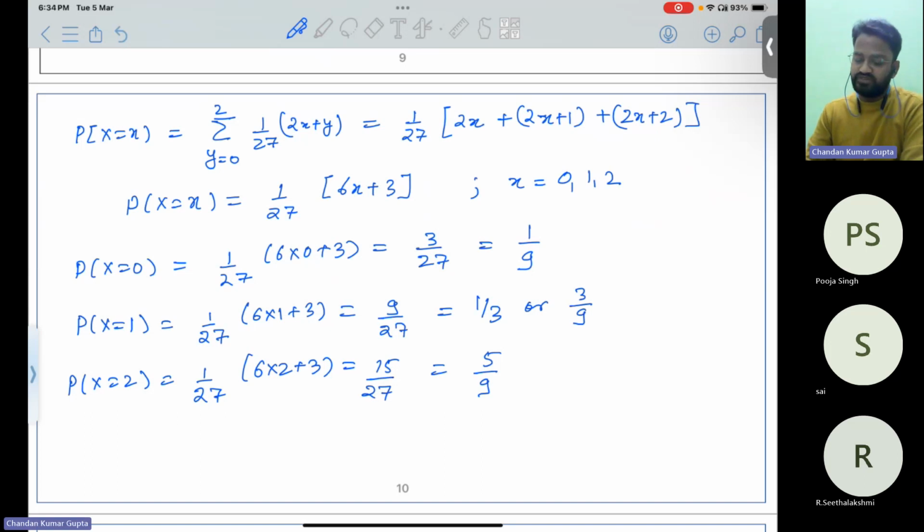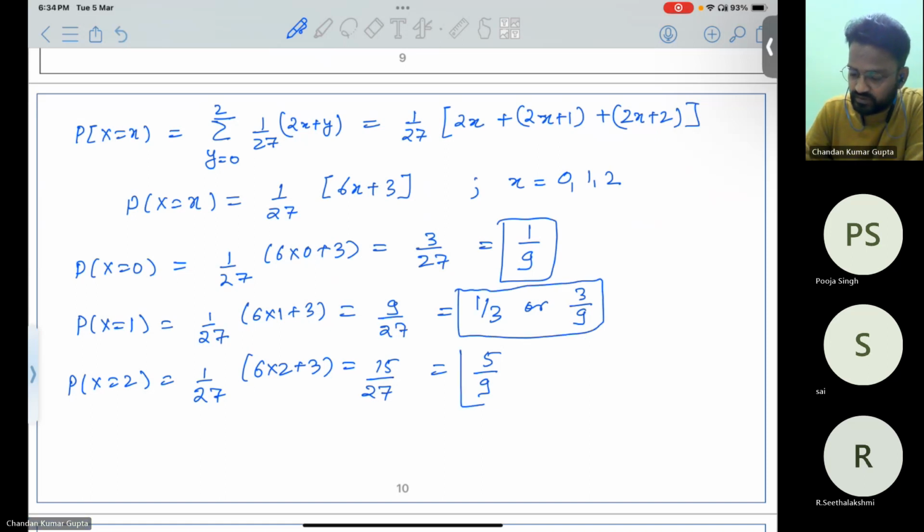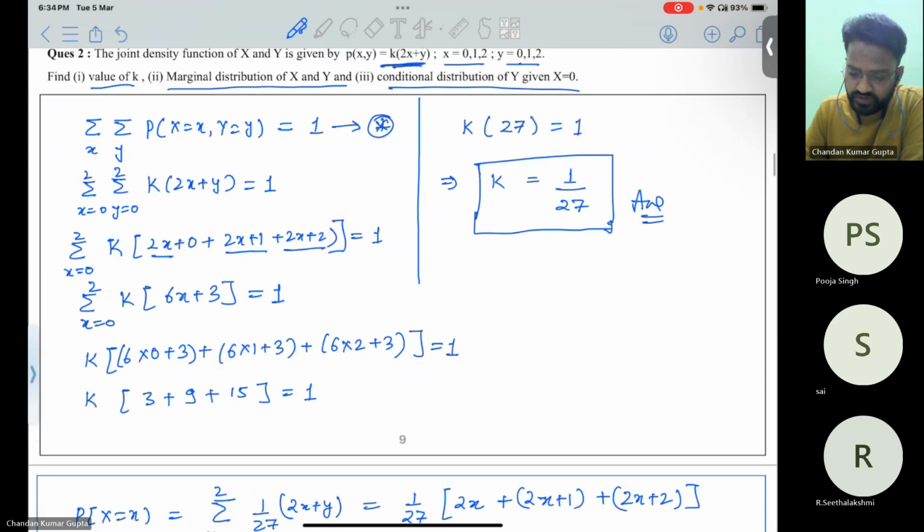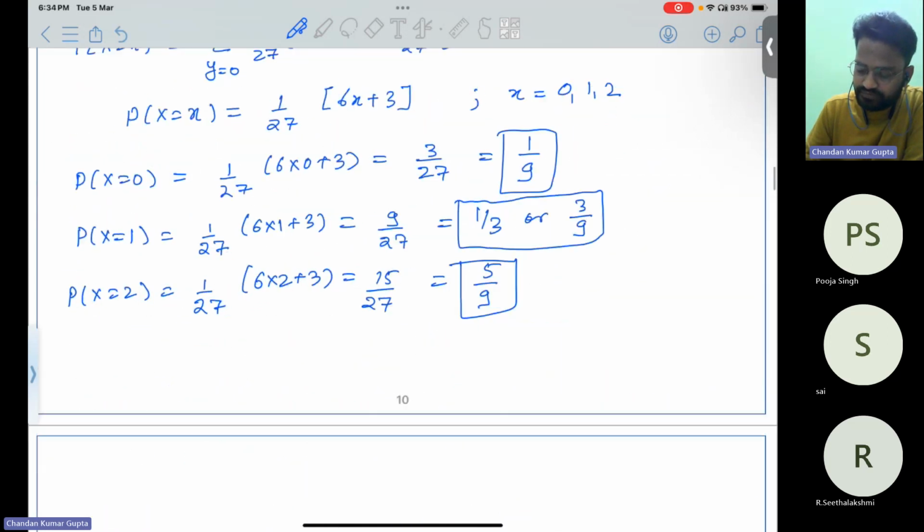Okay, so after summation, we will get 1 by 9 plus 3 by 9 plus 5 by 9. So this is the value for the marginal distribution of x. Similarly, we need to calculate the y also.